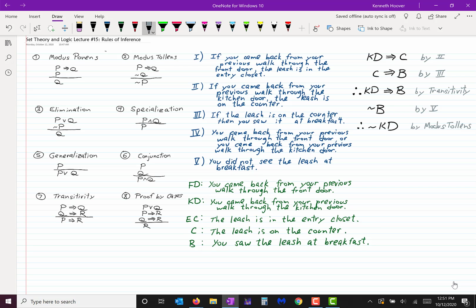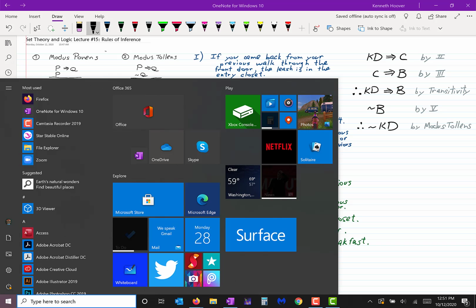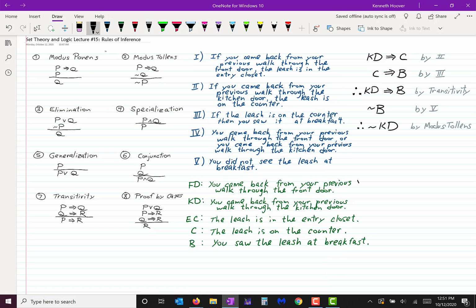Okay. I will point out next that FD or KD: you came through the front door or through the kitchen door. Why? That's premise number 4. So at this point I can conclude that you came through the front door.